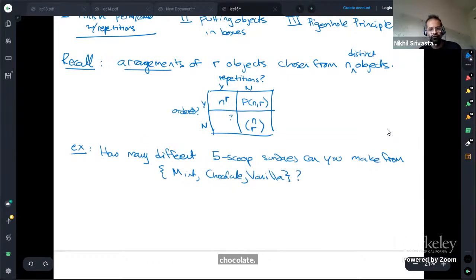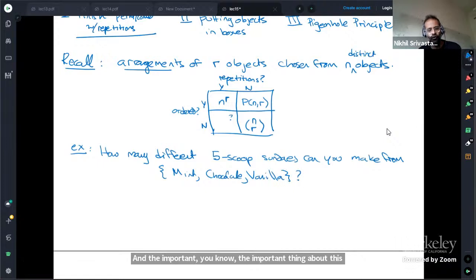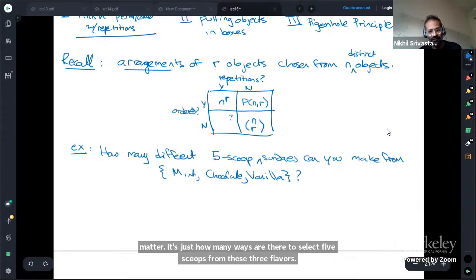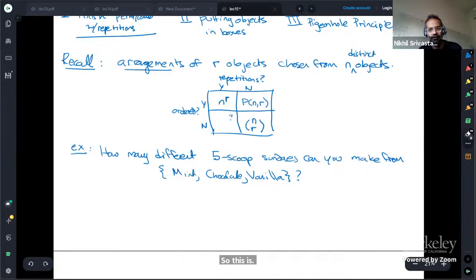The important thing about this problem is that the order of the scoops doesn't matter. It's just how many ways there are to select 5 scoops from these 3 flavors. The clarification here in the context of counting is that these are unordered.